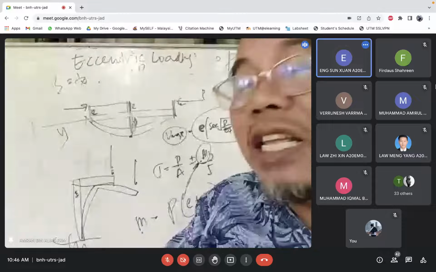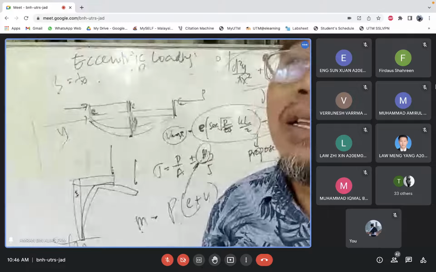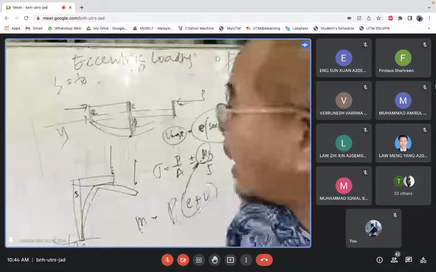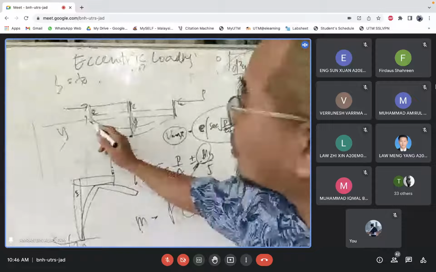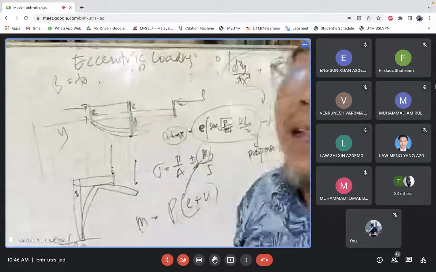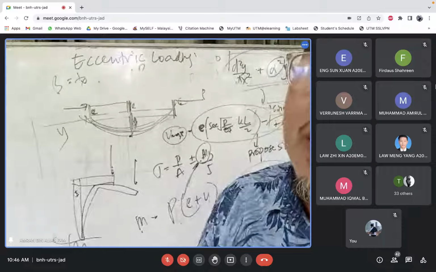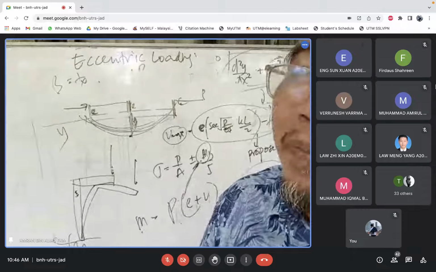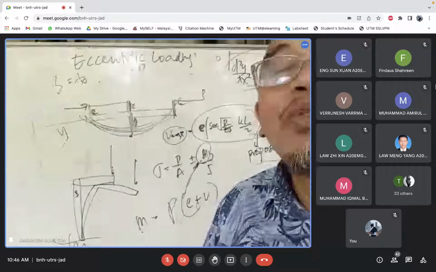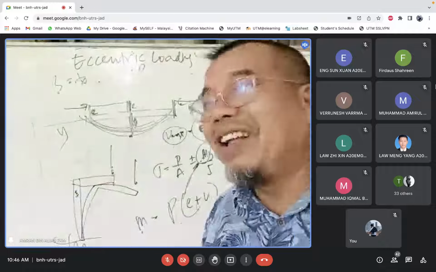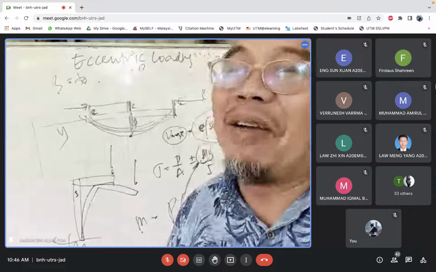So that is a bending case already. Not really buckling, but we use the buckling formula to find the deflection there, because this is also a sine cosine equation. Are you with me? So that's all about it, not that much actually.